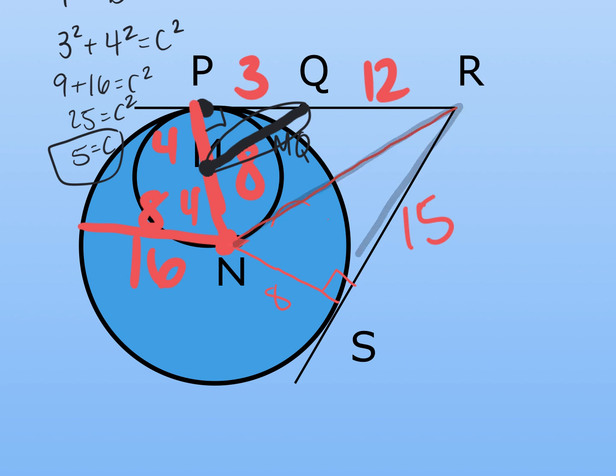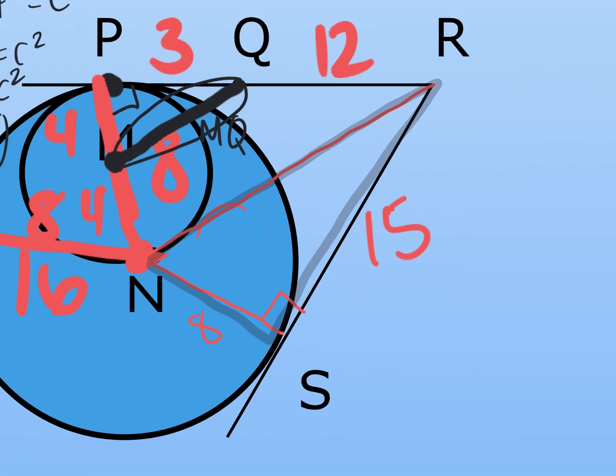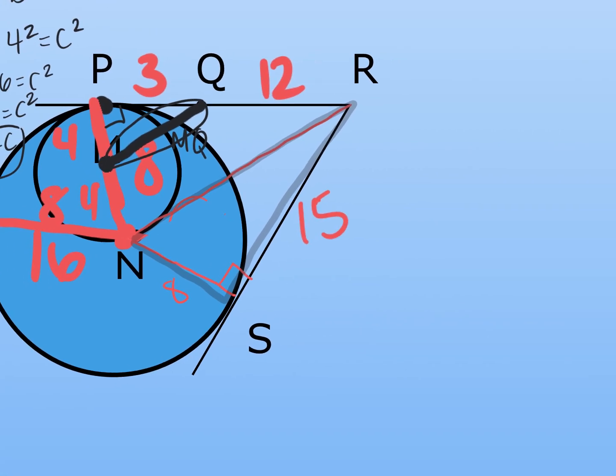Highlight that right triangle. We know 2 of the sides. We're missing a third. What do I do? The Pythagorean theorem. Very good. So how do I set up the Pythagorean theorem for that right triangle in the bottom here? Hayden? Very good. C squared. We'll leave it as C squared, and then we'll know whatever C is going to be, the length of NR.